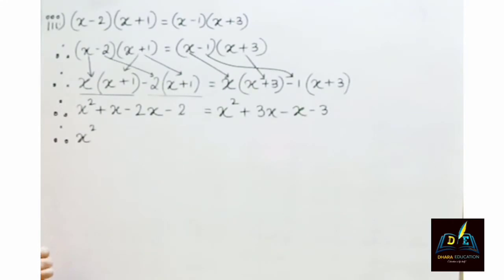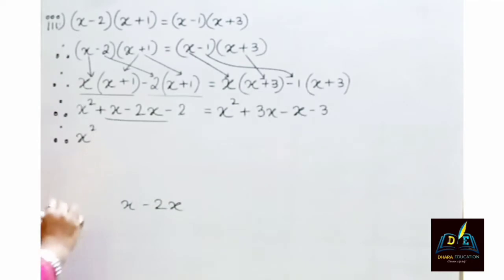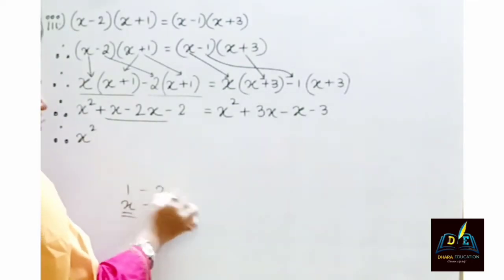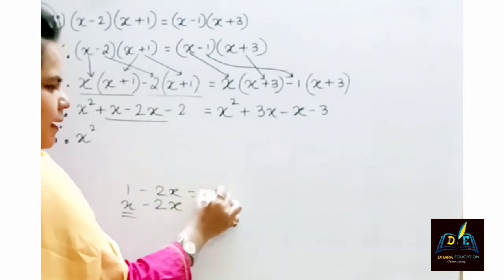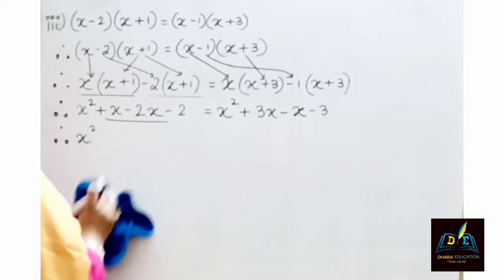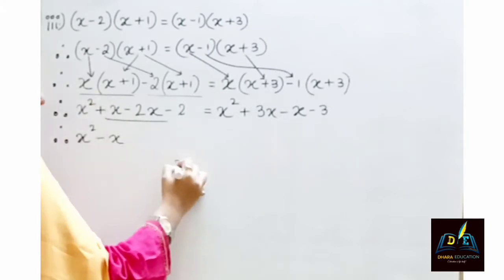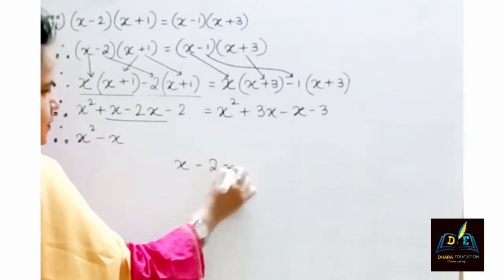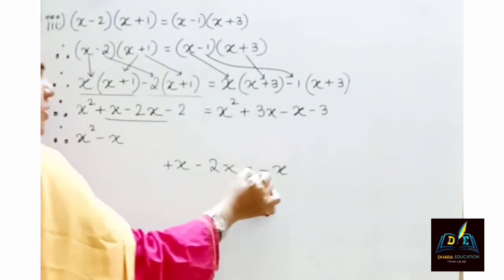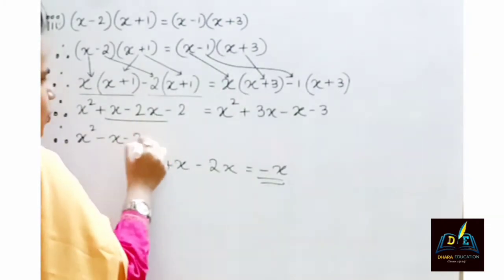Now you can see this x minus 2x. So x minus 2x gives you minus x, because 2x is bigger, so you will get minus x over here. This is what I have written, and then minus 2 as it is.